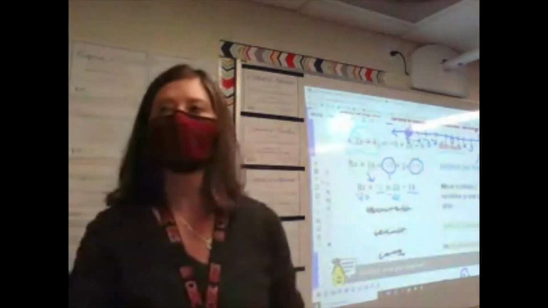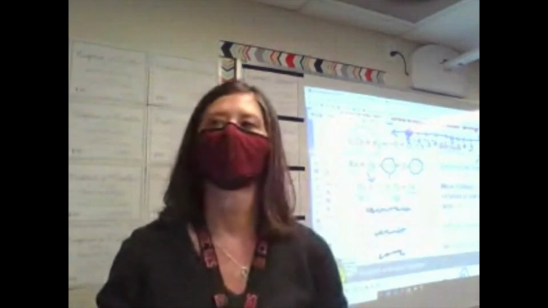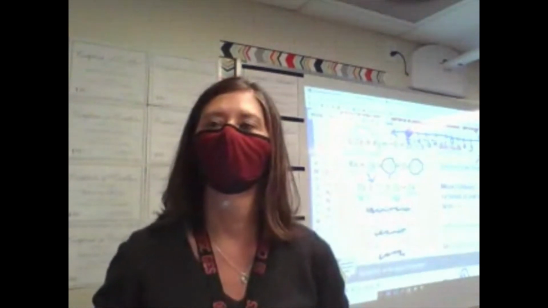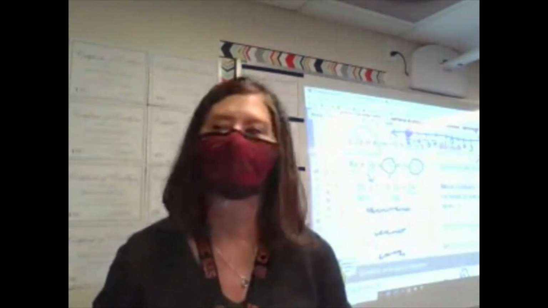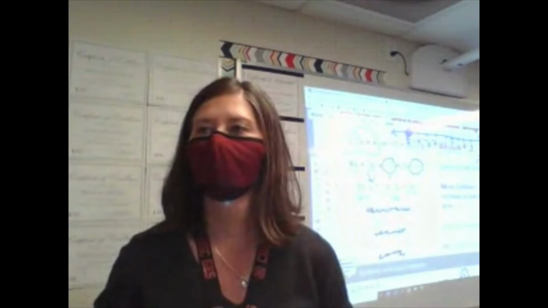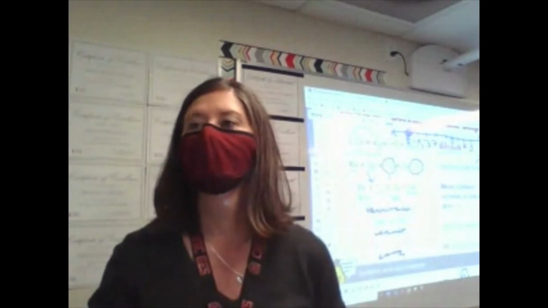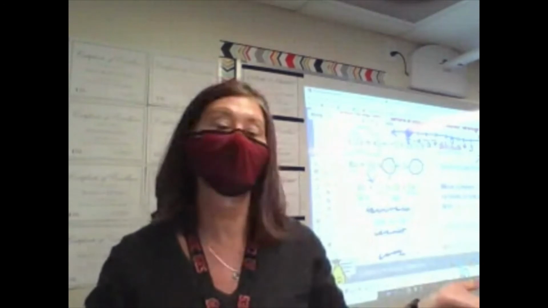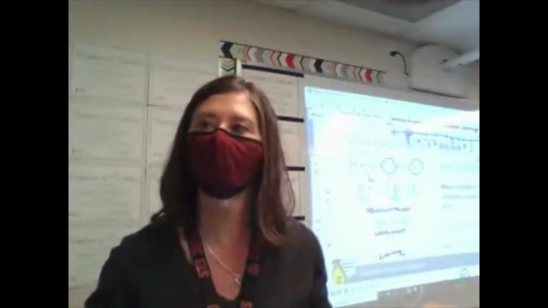So 8x minus 2x is, how many x's do we have left? 8 minus 2? 6. Thanks. 6x plus 16 equals, if I have 2x minus 2x, I don't have any more x's on this side, right? 2 minus 2 is going to be 0, so those are going to go away.